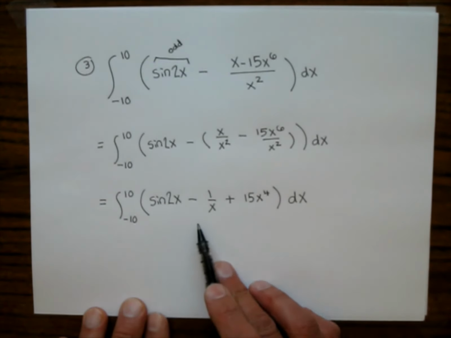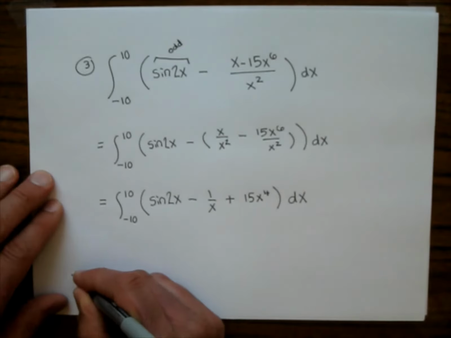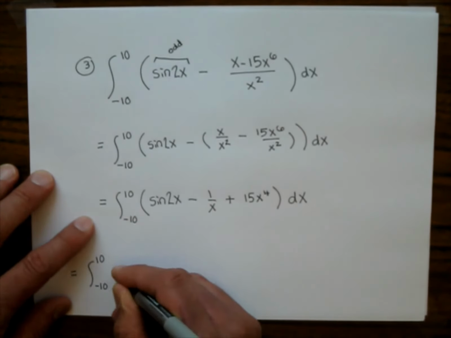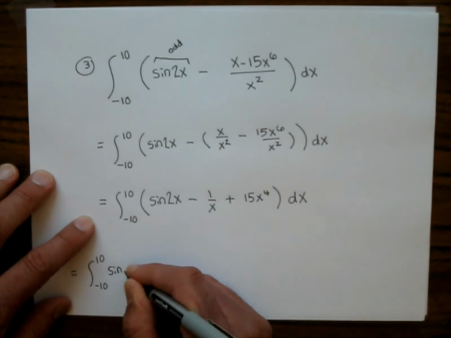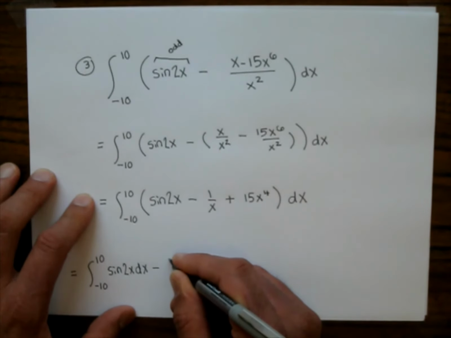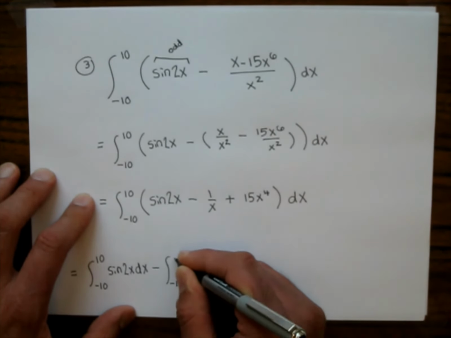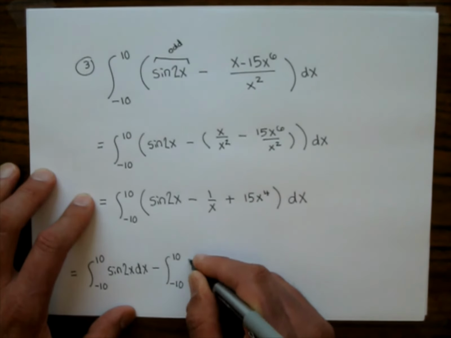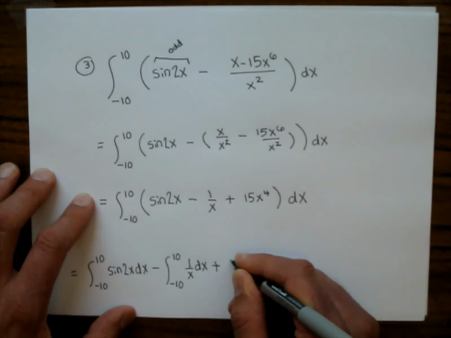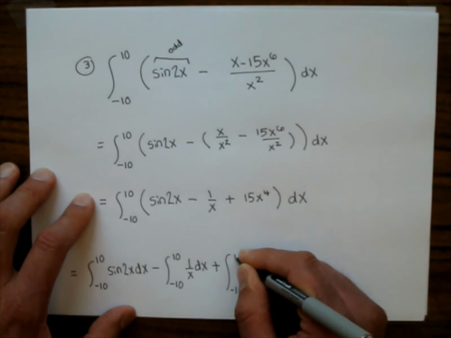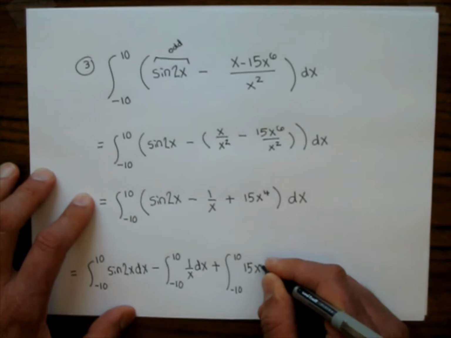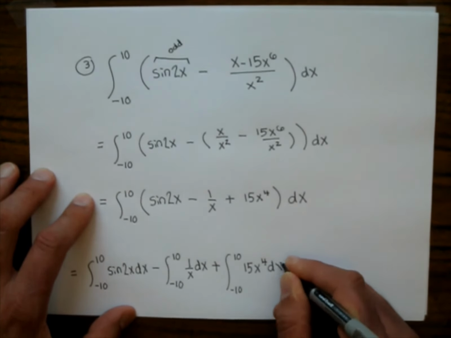So what I'm going to do with this integral is break it up into 3 integrals. Negative 10 to 10, I've got my opposites there. This is sine 2x dx minus integral from negative 10 to 10 of 1 over x dx plus integral from negative 10 to 10 of 15x to the 4th dx.